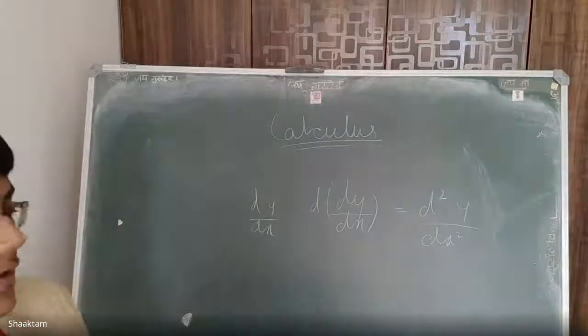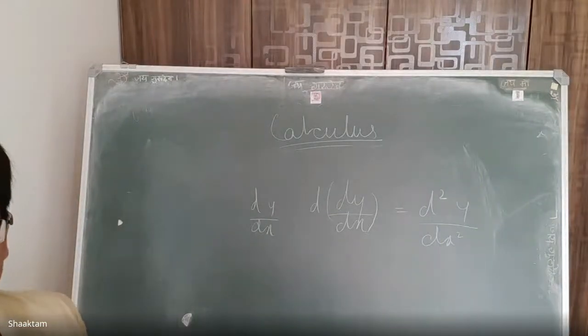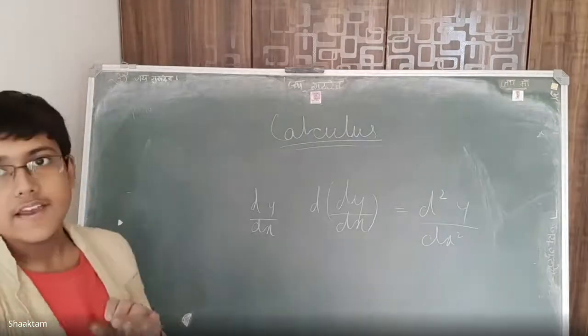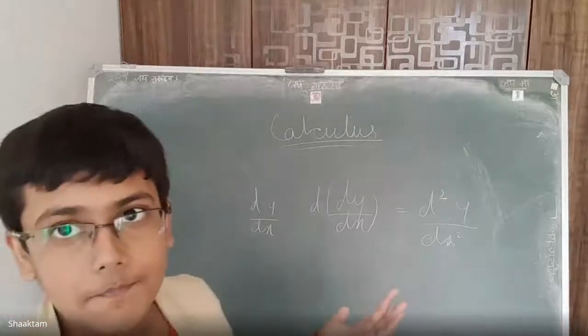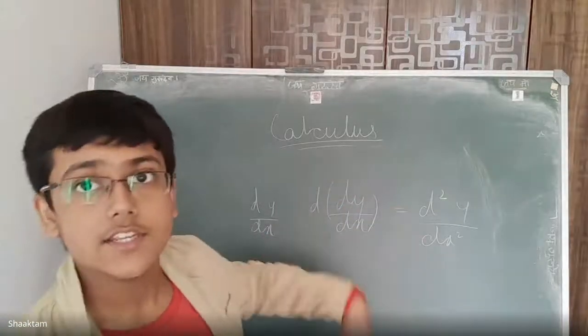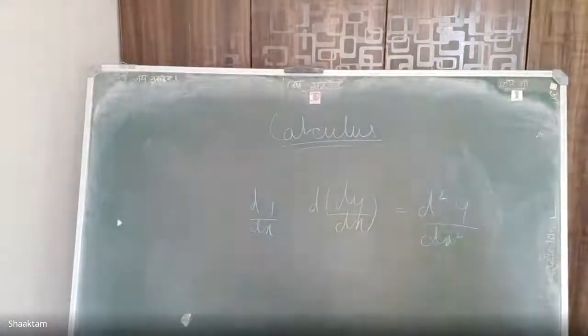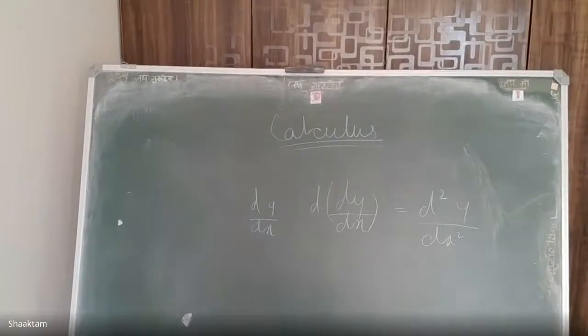Mathematically, it is the rate of change of slope with x. You can say dy by dx, as you know, was the rate of change of y with x, which is the slope. But this is the rate of change of slope with x. d2y by dx square is the rate of change of the slope with x.